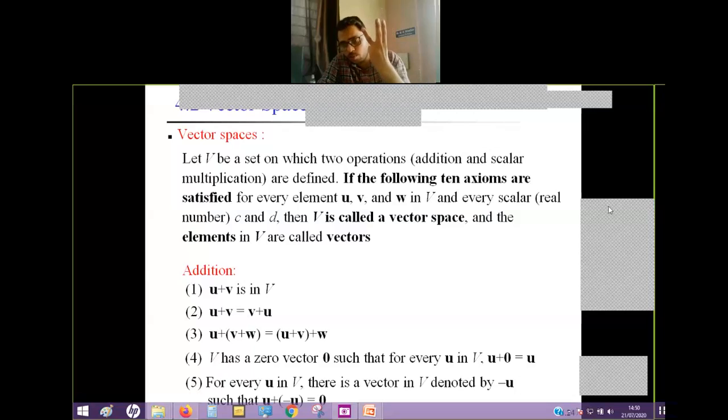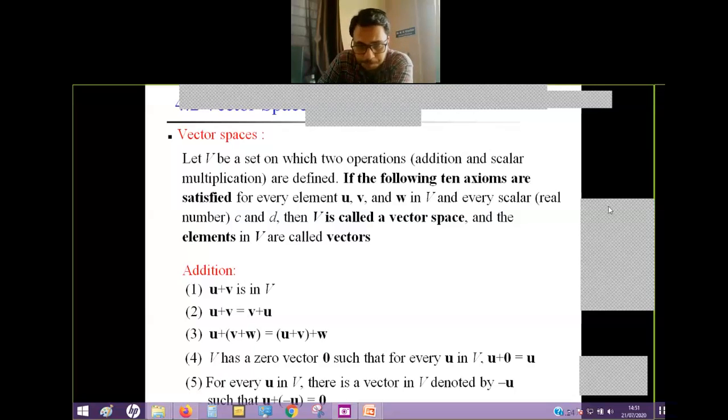So three components, and one more, the scalar c, in the vector space definition. So basically only four things are there. Depending on these four things, we will say whether the given space is a vector space or not. And which are these 10 axioms?